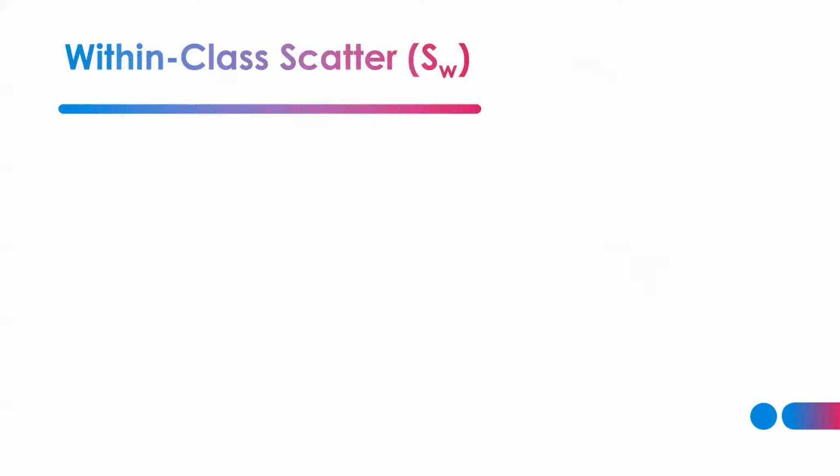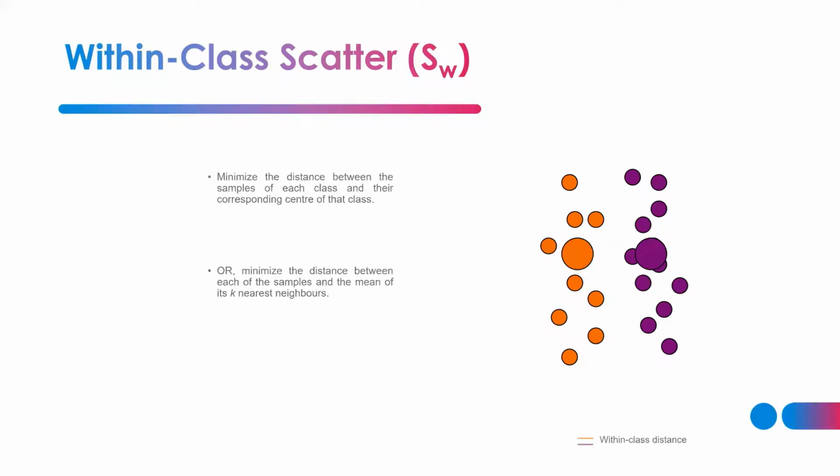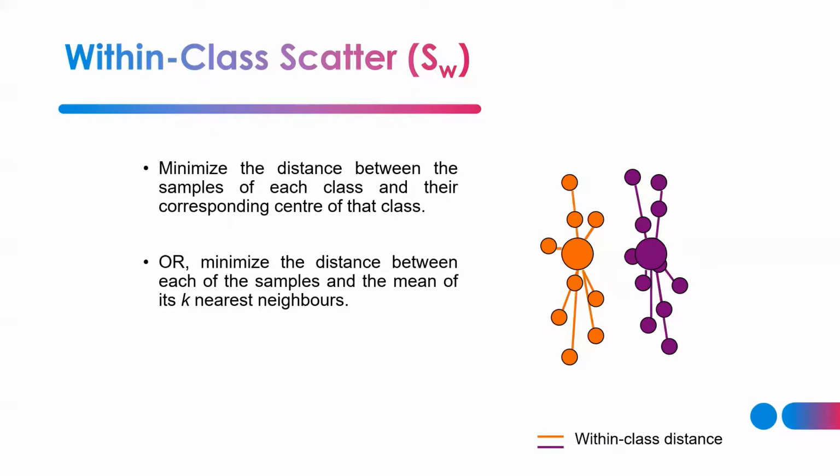The other component is the within class scatter matrix, again with the same set of points. Previously, I was looking at separating the two sets of colors from each other. Now I'm looking at within class. So within each of the colors, look at the distances between each of the samples and the corresponding average, and try to minimize that.